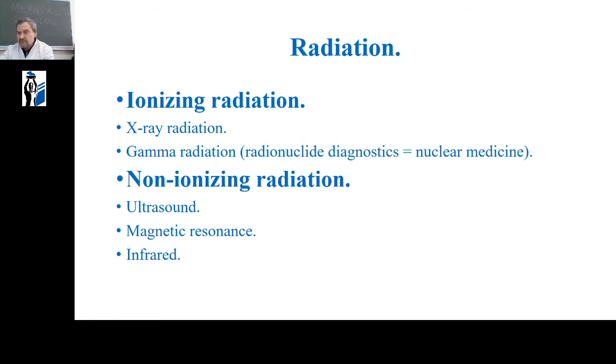Non-ionizing research methods include ultrasound, magnetic resonance imaging, MRI, and infrared thermography. This classification reflects the risk to the patient's health when performing research methods. It is important in limiting the risks to the patient.